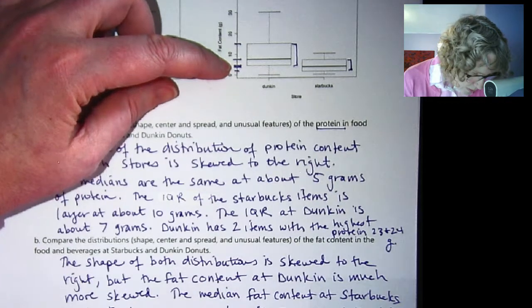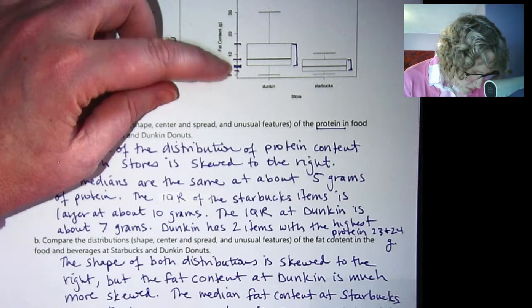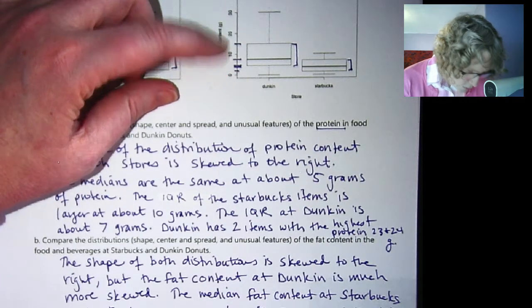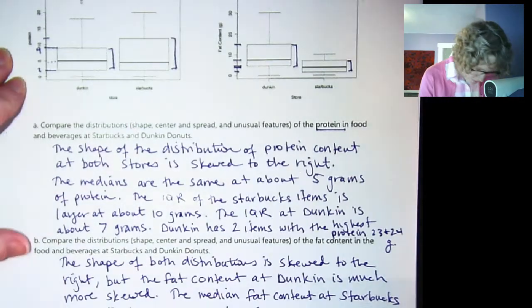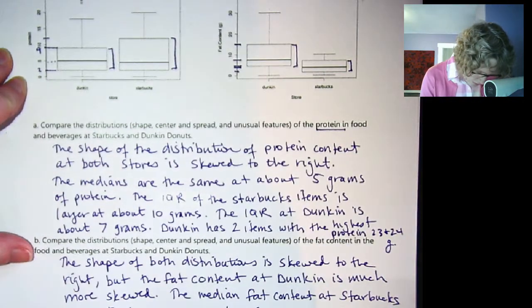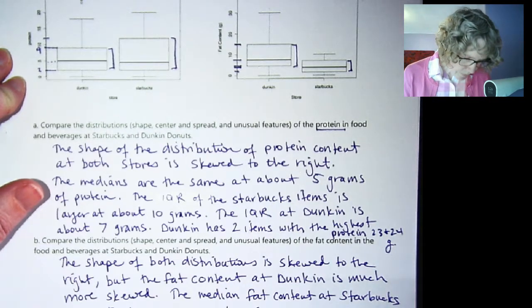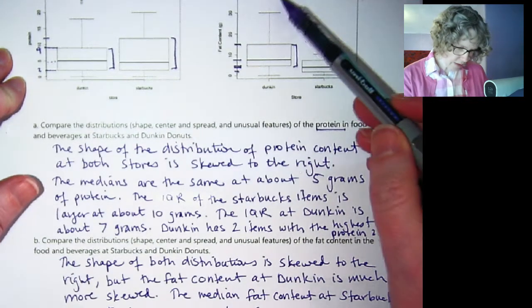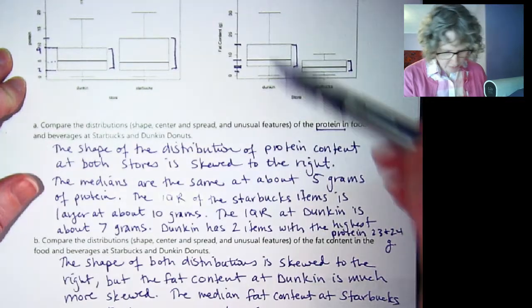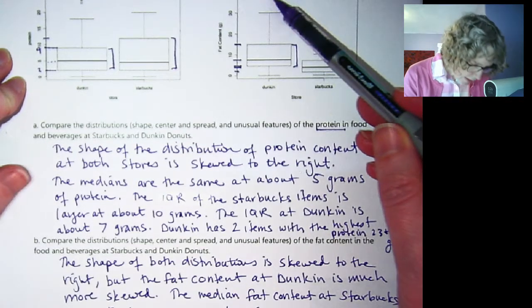And that actually looks right about the middle also. So let's say 5 to 15, so about 10 grams of fat. Okay, so Dunkin' has the larger spread, and it also has an outlier. So we could say overall Dunkin' has quite a bit larger spread, and it has an outlier.